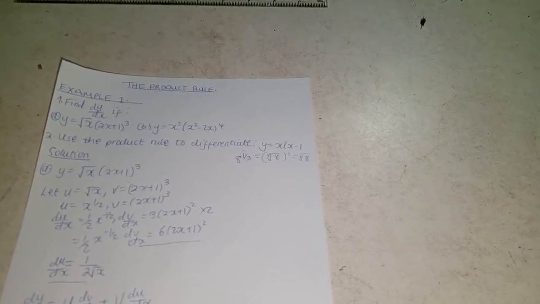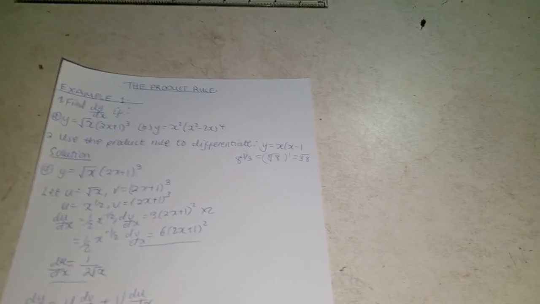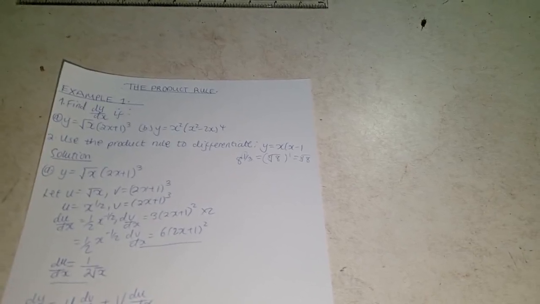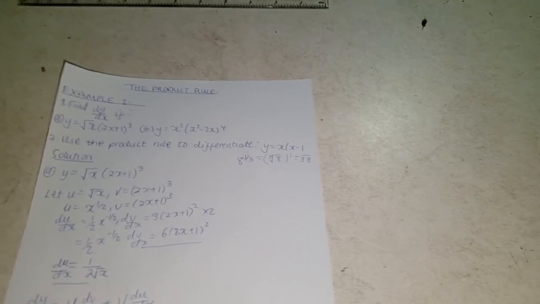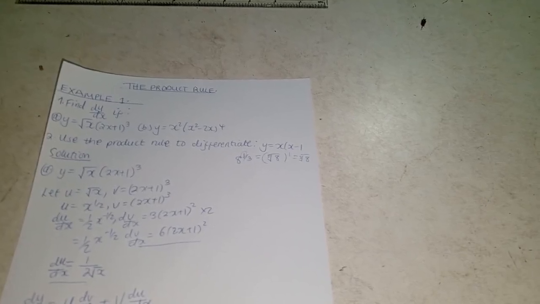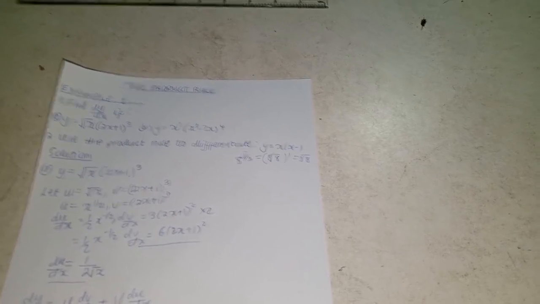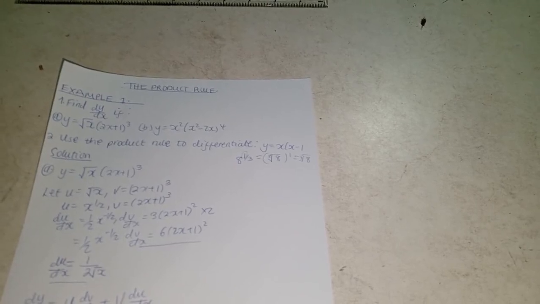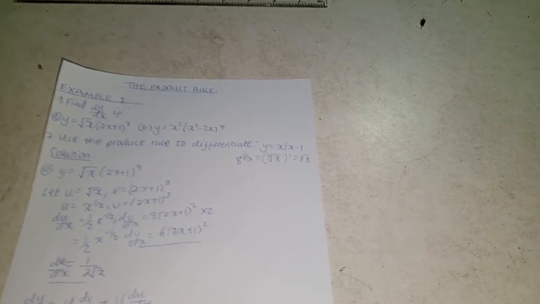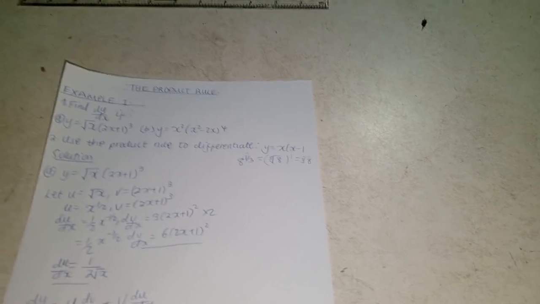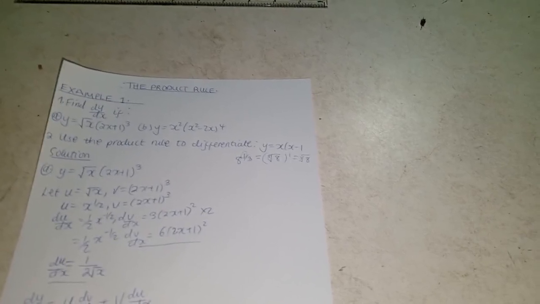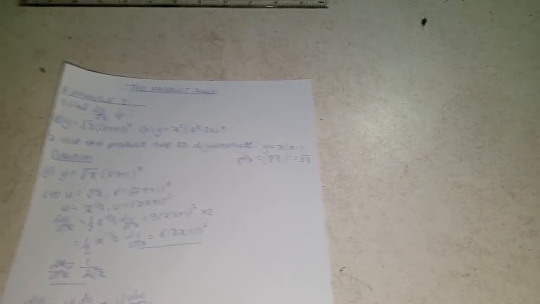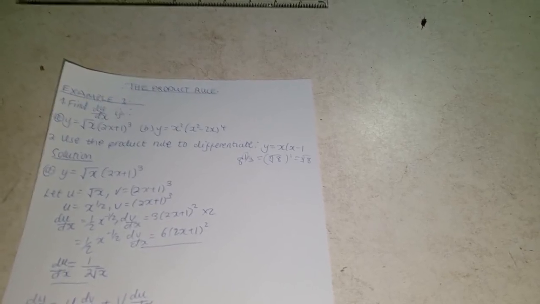We have (2x + 1) like that raised to the power 2, then multiplied by 6 root x like that, plus 1 over 2 root x multiplied by (2x + 1).